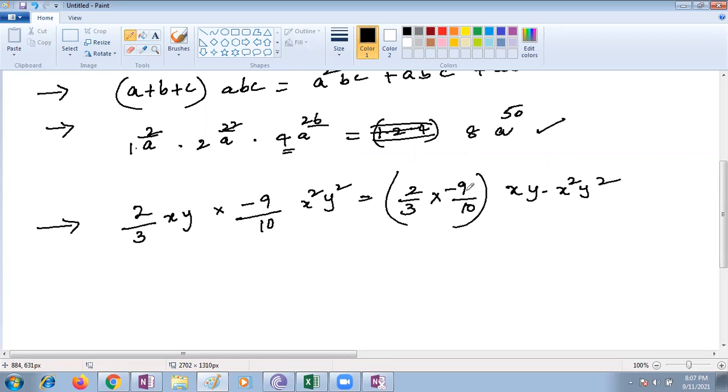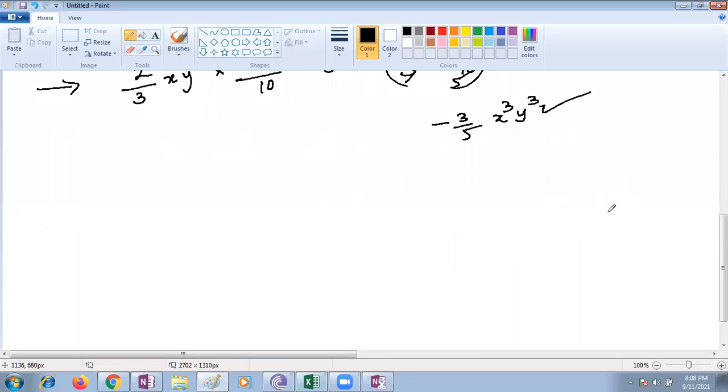Then x cube and y cube. Very good. The 3s will cancel. Minus 3 by 5 x cube y cube. Wonderful, Lalit. Good job. Keep it up. Next question, for whom did I not ask it?